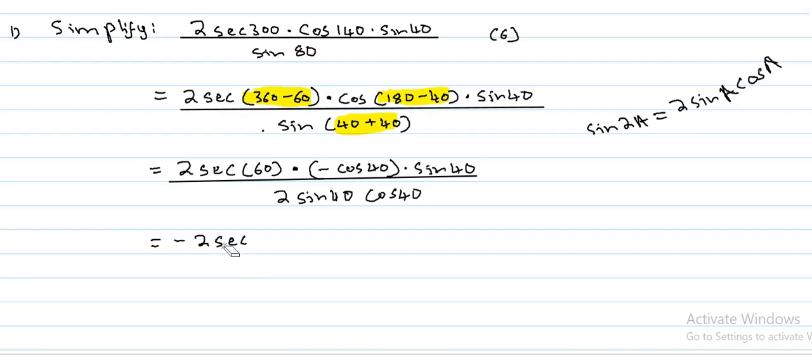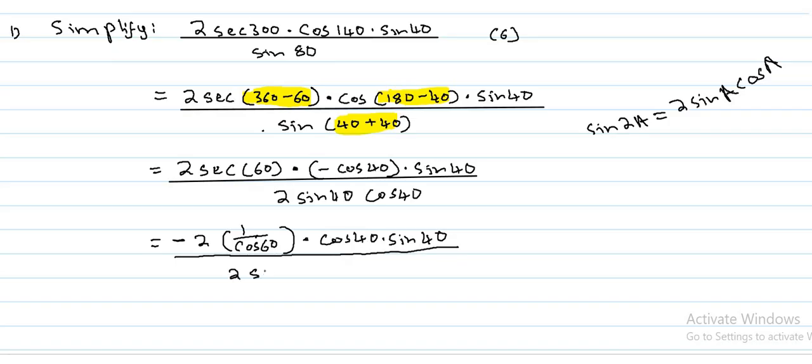Let's write sec in terms of cos. This is negative 2 open bracket 1 over the cos of 60, multiply by the negative cos 40 multiply by sine 40, all divide by 2 sine 40 cos 40.